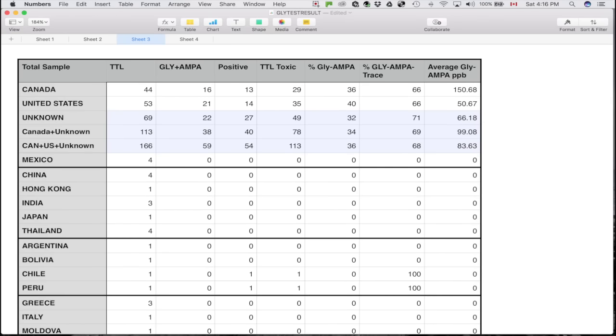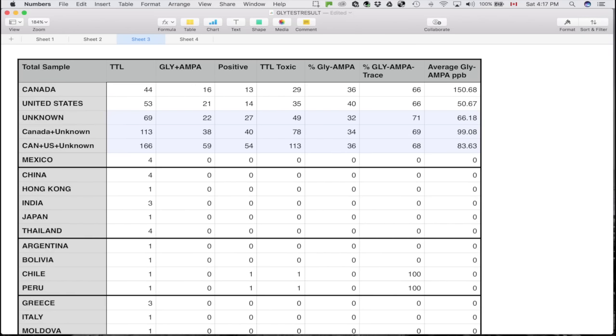However, there is some confusion in my mind, and that is the total number of samples taken by CFIA of foods in Canada seems to be only 44, where 53 of them are imported food from USA and 69 of them are declared as unknown. That means foods that were picked up in Canada but whose origin was not known, maybe just picked up from the store, which didn't say where it was from.